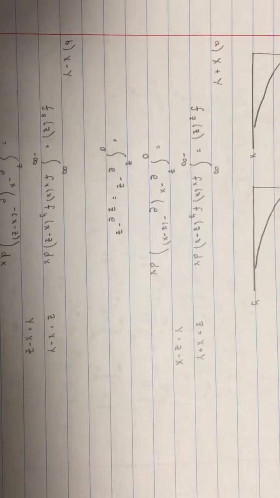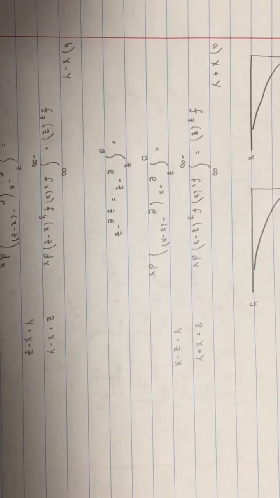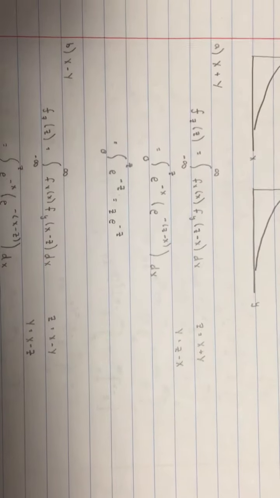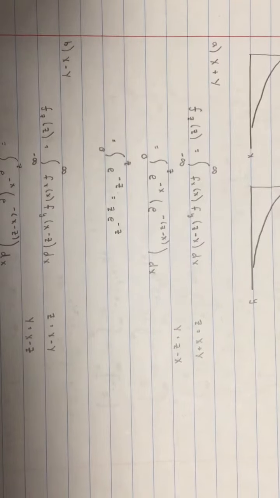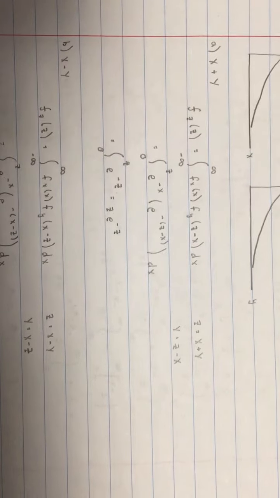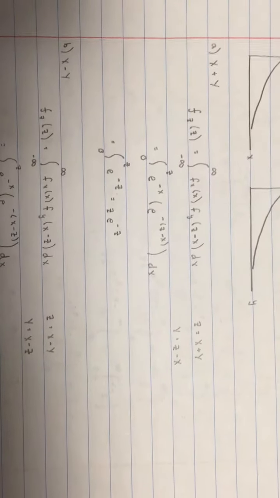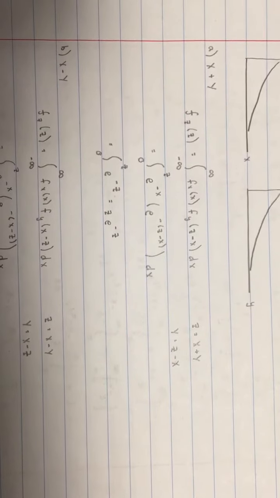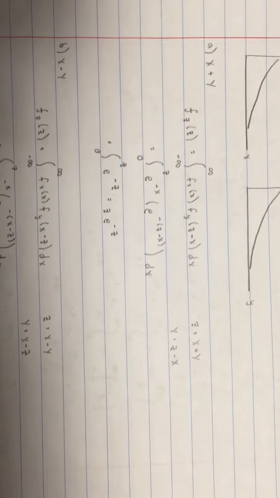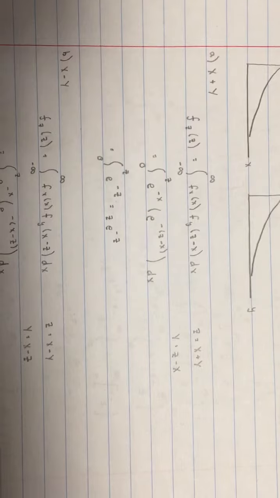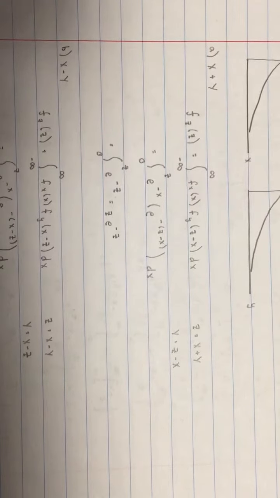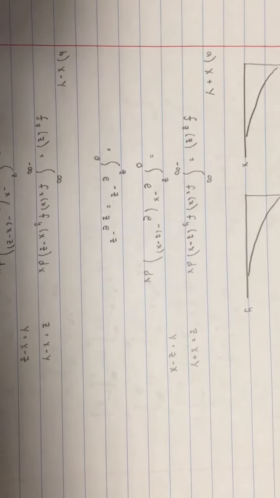So how do we get z minus x? Since z is equal to x plus y, we substitute for y. Moving the x to the other side, y is equal to z minus x. So we substitute in z minus x for all y's.